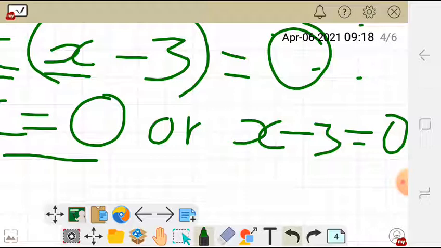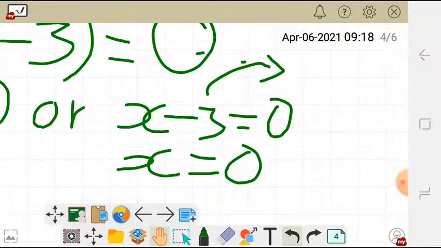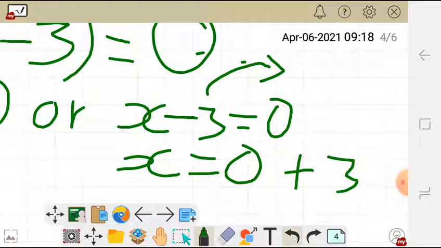So let's solve this equation so that we find the other value of x. We say x equals 0, then when this 3 crosses the equal sign, it becomes positive, so it will be plus 3.